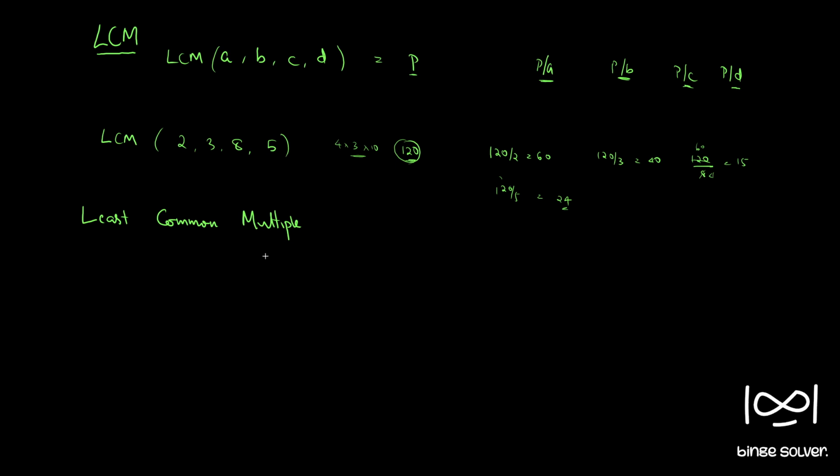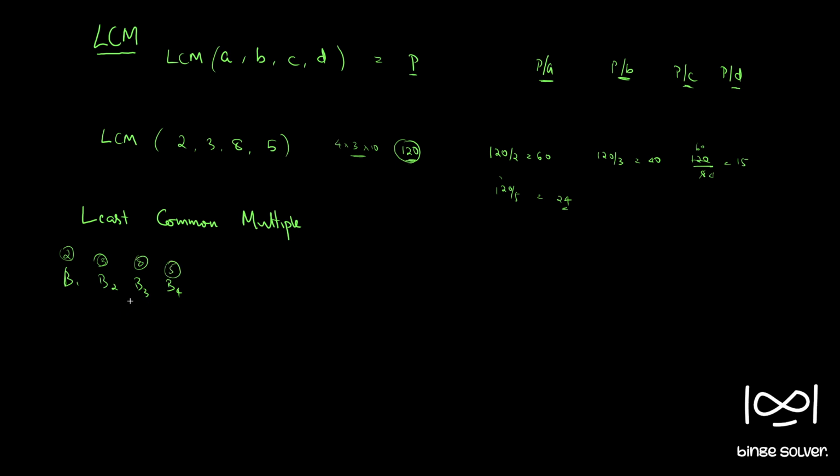This is the concept of LCM, and a place where this comes in useful is in scenarios where it is said that there are 4 bells, say B1, B2, B3 and B4. This bell rings after every 2 seconds, this bell rings after every 3 seconds, this bell rings after 8 seconds, and this bell rings after 5 seconds.